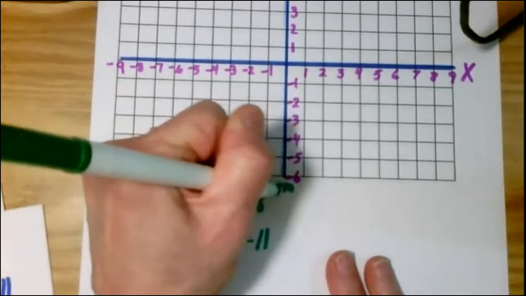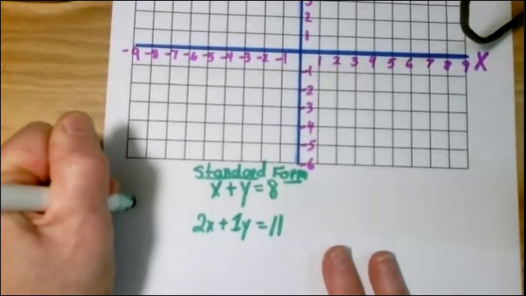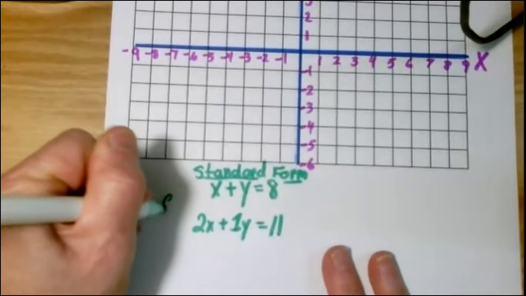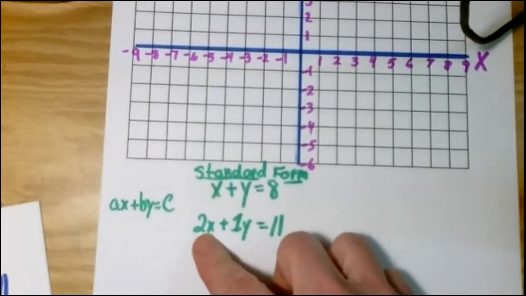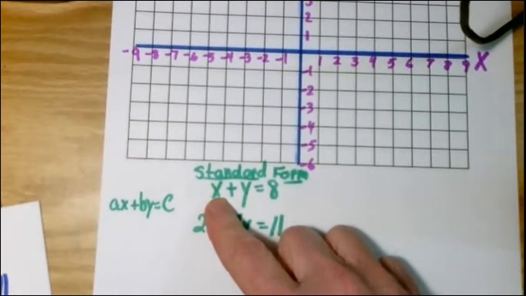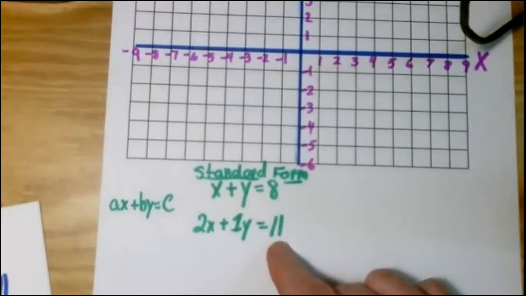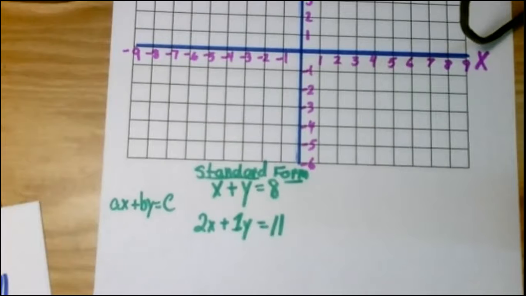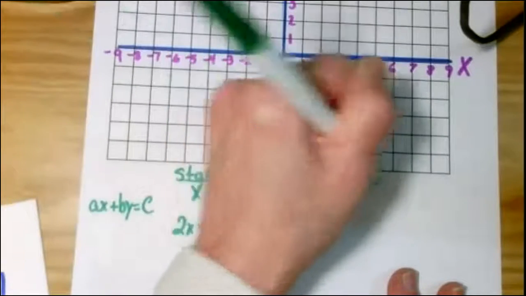And that, again, from the last video, if you remember, was in the form ax plus by equals c. So they are in the form of a number in front of the x, in our case we just didn't put the 1 in front of there, plus the by, the number in front of the y, equals a constant. That's the standard form. The slope-intercept form is the form we need to graph.